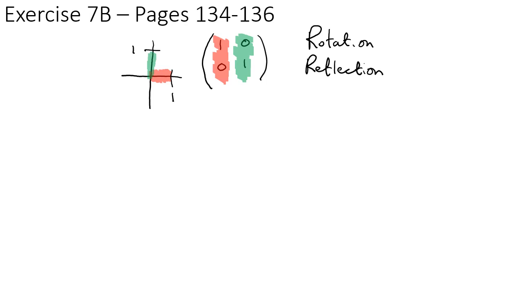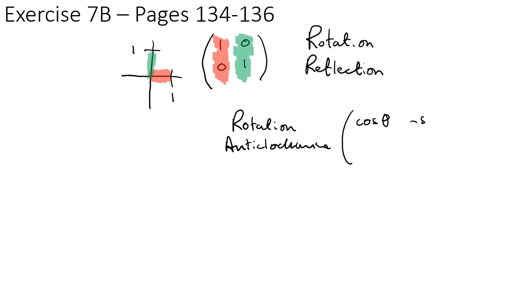If it's a rotation, then any rotation anti-clockwise, you can match up the values in this matrix: cos theta, minus sine theta, sine theta, cos theta, and then by matching them up, you can use that to help you work out what is the angle of rotation, the anti-clockwise angle of rotation.